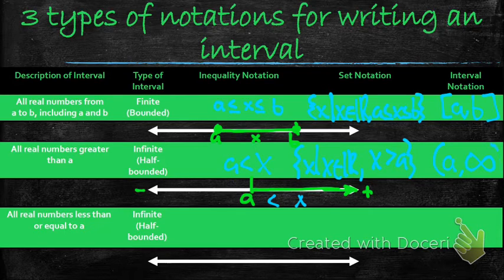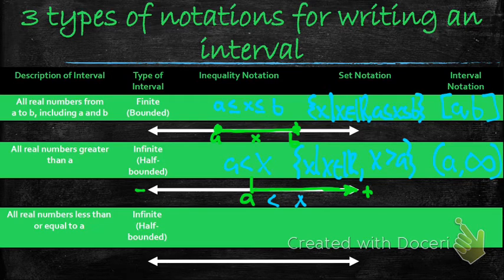And we don't use the infinity symbol when we're talking about inequality or set notation. Notice I also put parentheses around infinity because parentheses indicate that you don't touch it, you just get really close to it. Well, infinity is a concept, not a number, and you can't actually touch infinity. So we put parentheses around infinity. Infinities don't get put in inequality and set notation.